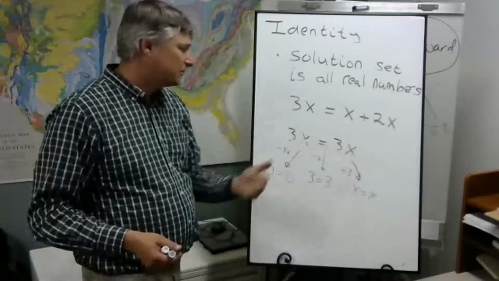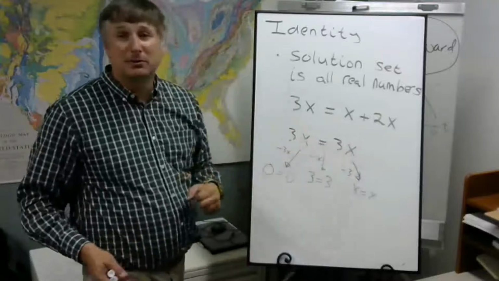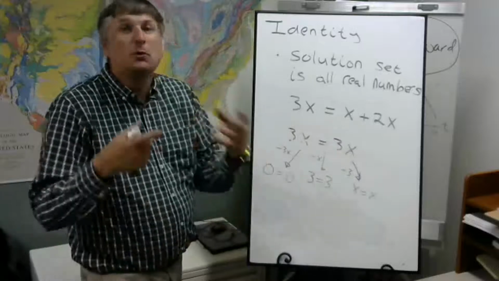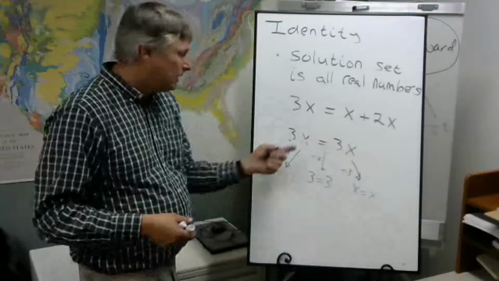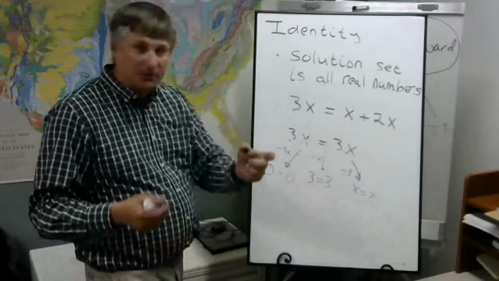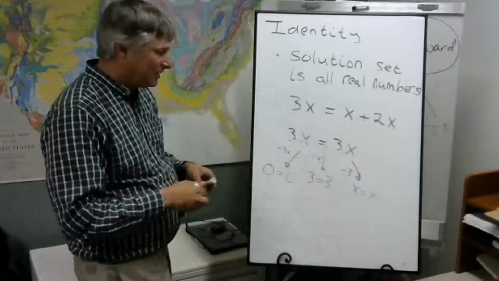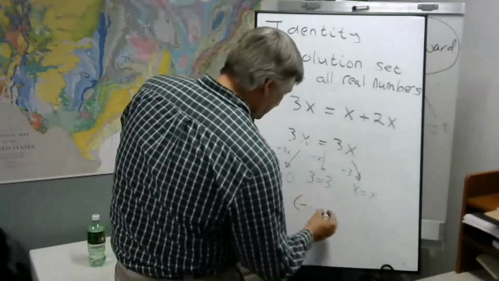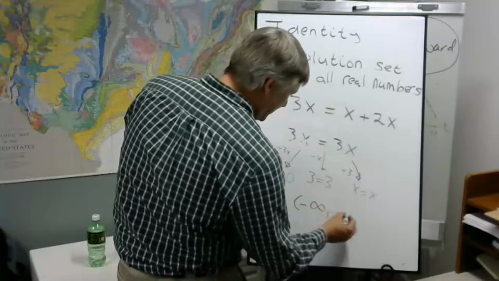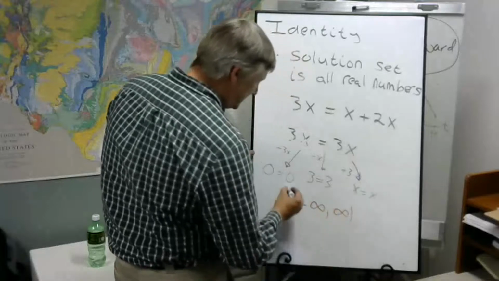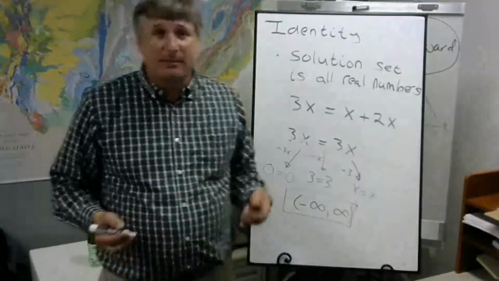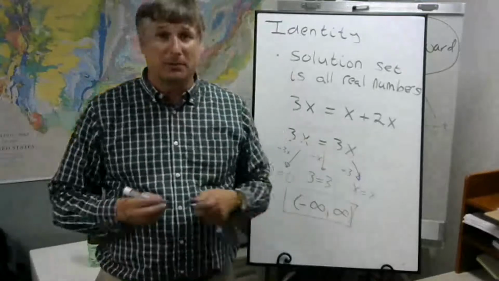Doesn't matter what number you choose for x, this is always going to be true for any real number. Not just for a few of them or one of them, any of them. So the solution we put here is all real numbers, the interval negative infinity to infinity, or you might just type or select all real numbers.